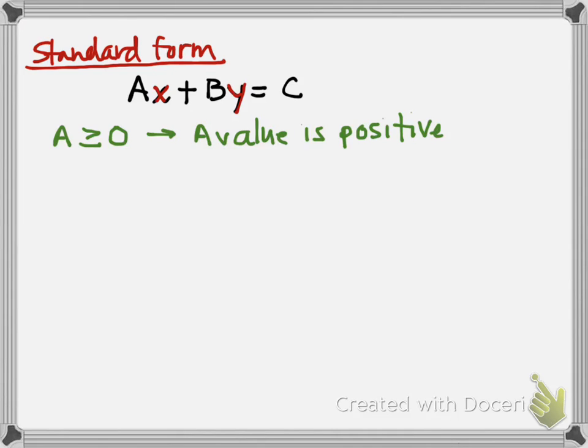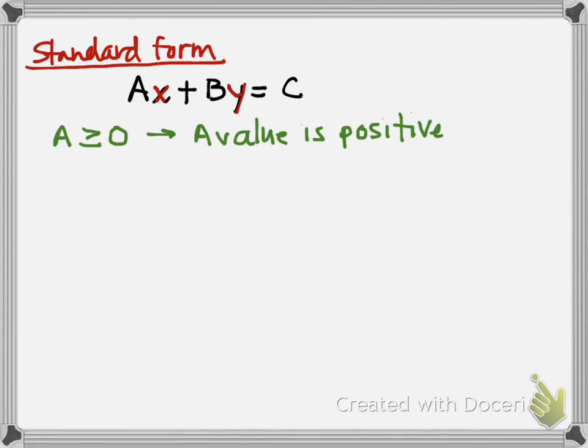If I have A equals 0, what happens to the X? What math is going on between the A and the X? Multiplying. So if I multiply X by 0, what do I get? 0. So the X would be eliminated out of that equation. What kind of line do I get, and don't tell me straight, if I just have Y equals a number? You had it on your homework last night.